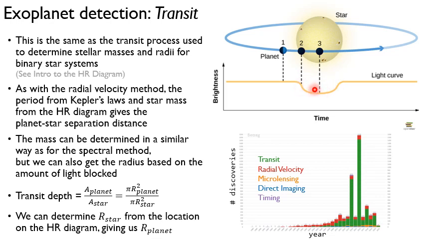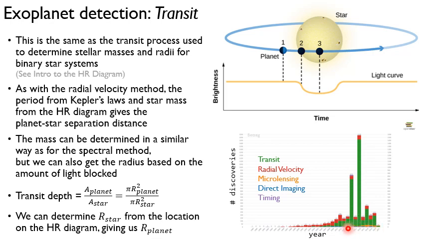So that's a bias. Another bias is, you're only going to find systems where you basically happen to be looking at them edge on, right? So that's because that's the kind that you can find. And you'll see the next most common kind is radial velocity, and then the others are kind of also rans, basically.